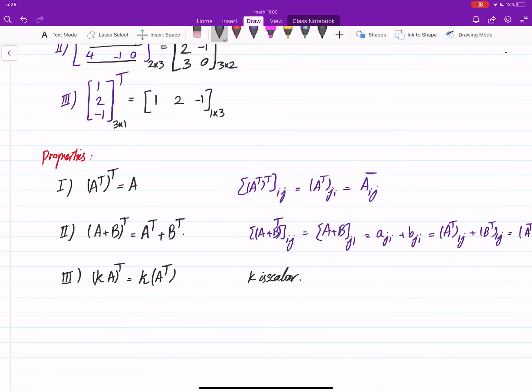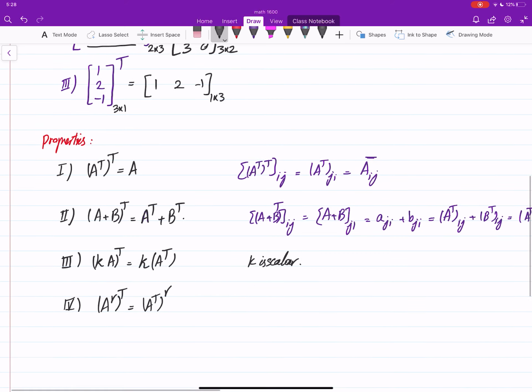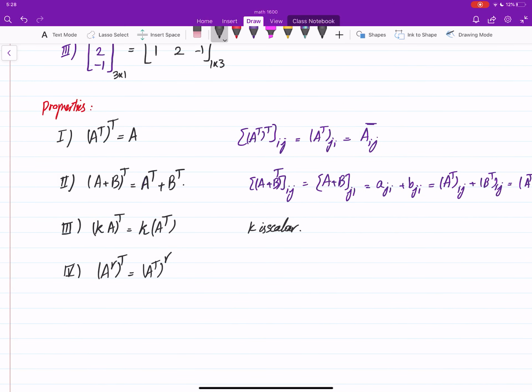How about matrix powers? Matrix powers also work nicely with the transpose. If you have A to the power r, then transpose, it is the same thing as finding the transpose first, then taking the power r. And the last property is the most important one.